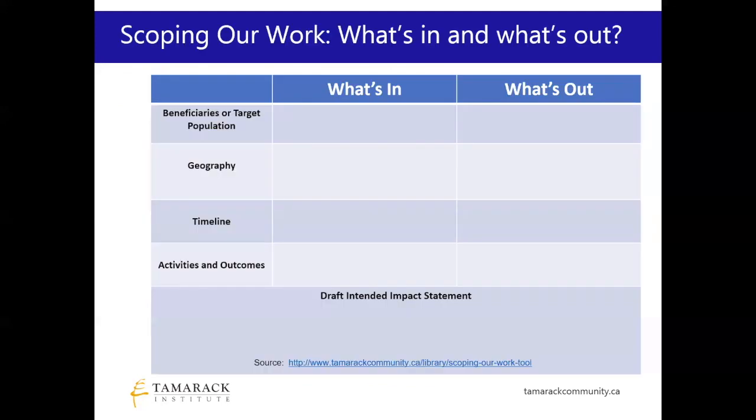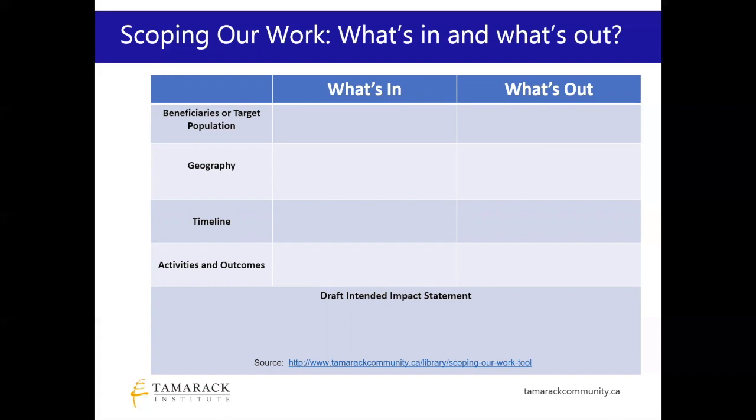The next tool that we have is really about scoping the common agenda work and really having your group think about what's in and what's out. And so this draws on some of those boundaries that we talked about earlier in the presentation. So the boundaries could be the beneficiaries or the target population, geography, timeline.